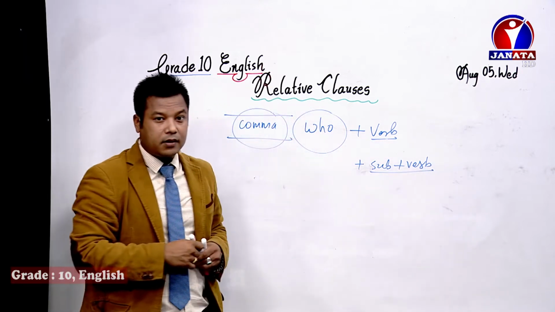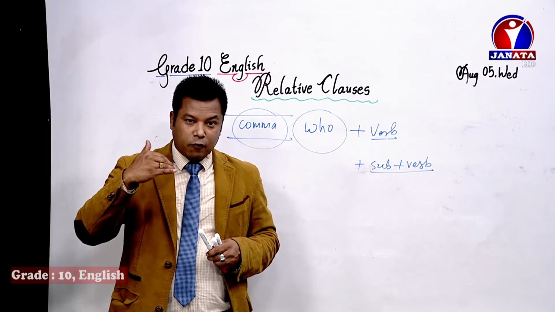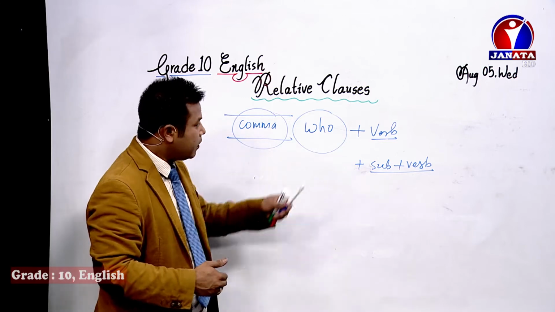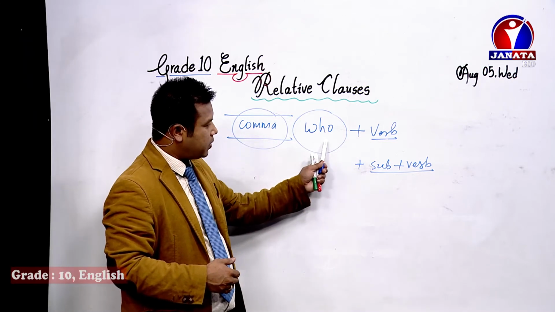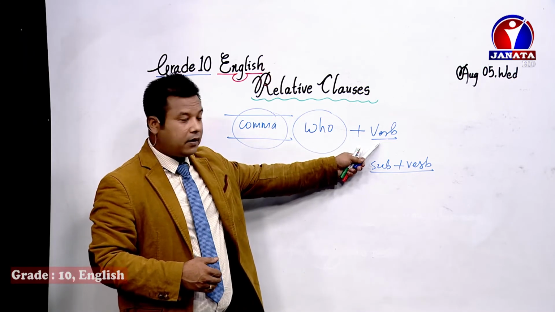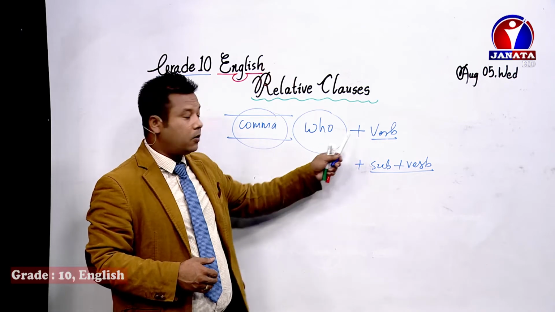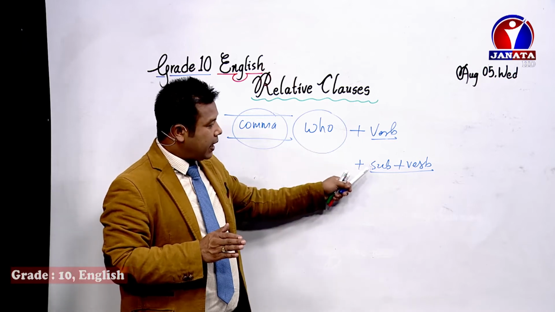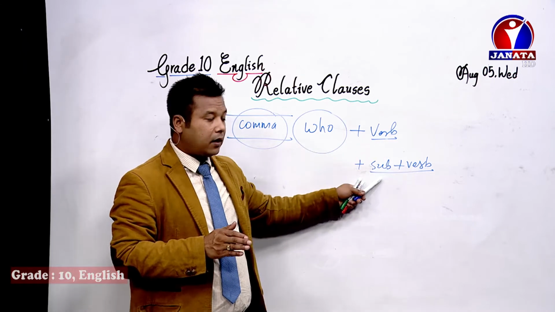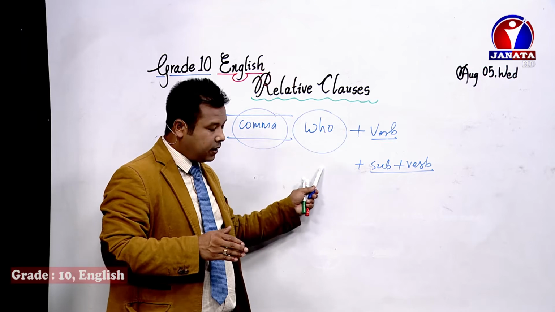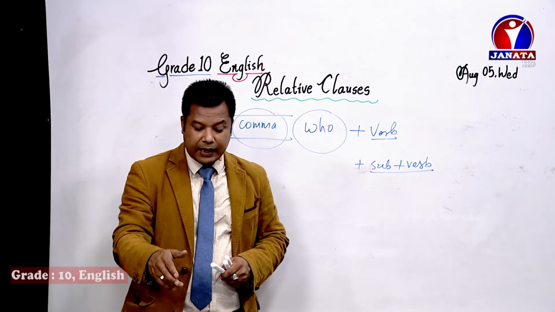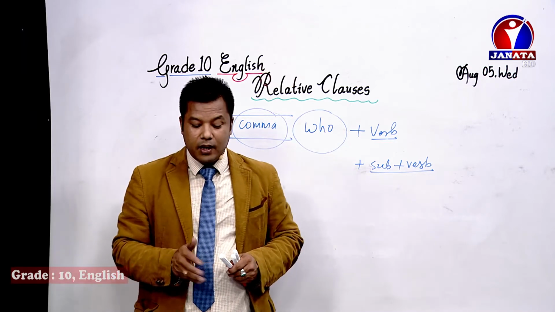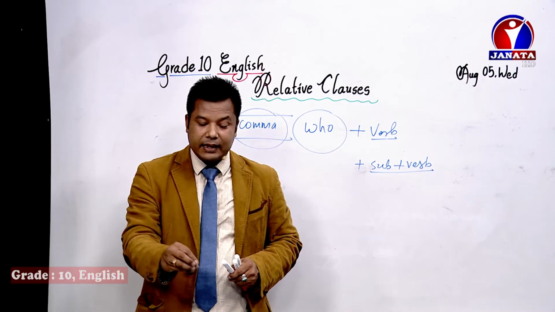See the difference. Now, for variation, what we can do is, when you have this structure, relative pronoun directly followed by a verb, it is the subject of this verb, so you cannot remove this, you cannot omit this. But when you have a subject of the verb itself after the relative pronoun, like in the second example, Mary is the girl who I told, I can remove who in the next sentence.